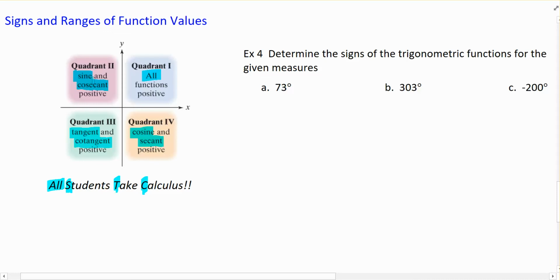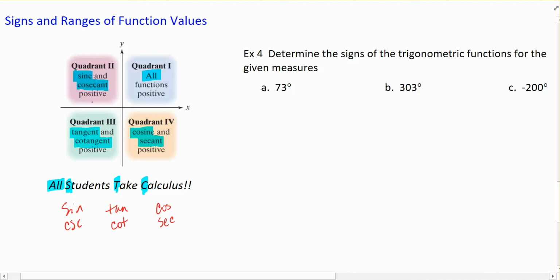Students, representing the second quadrant, says that only sine and cosecant are positive. Take would be the third quadrant, which stands for tangent and cotangent. And in the fourth quadrant, calculus stands for cosine and its reciprocal secant.